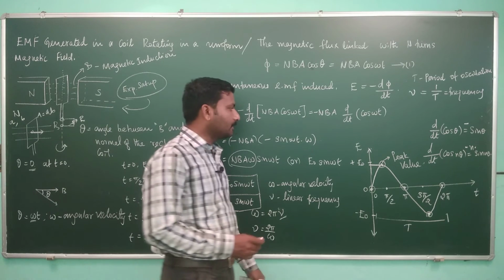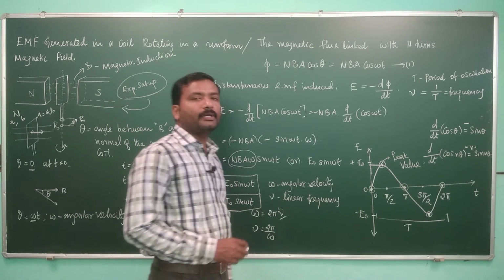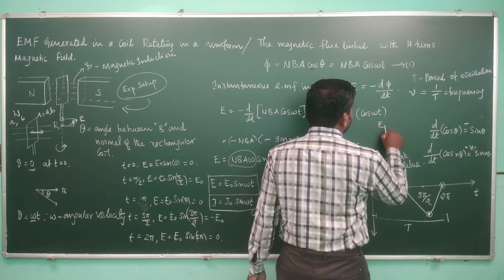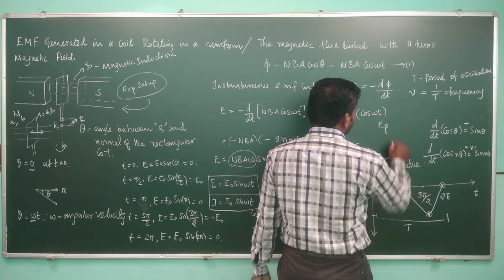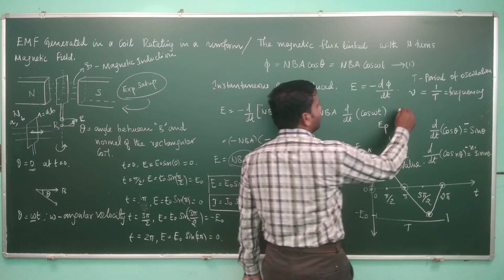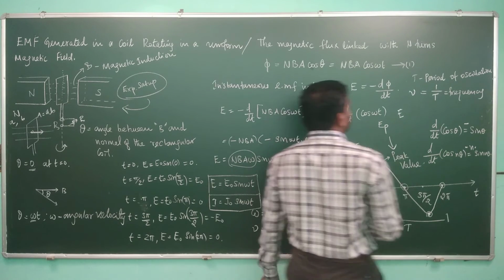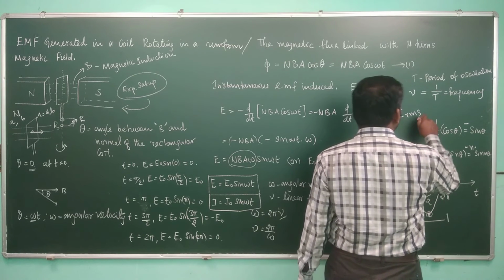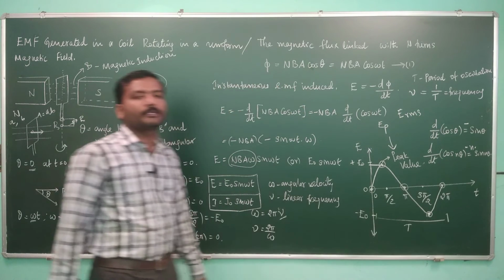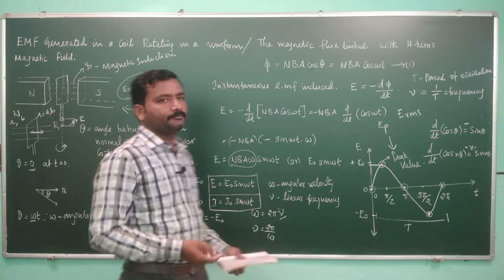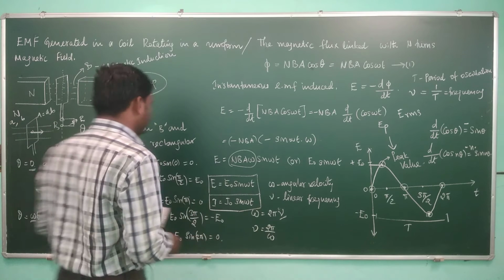We also have another term, the root mean square value, or RMS value. The peak value is denoted by E_P, and another term usually used in this field is E_RMS, the root mean square value. How to calculate that, we will see now.